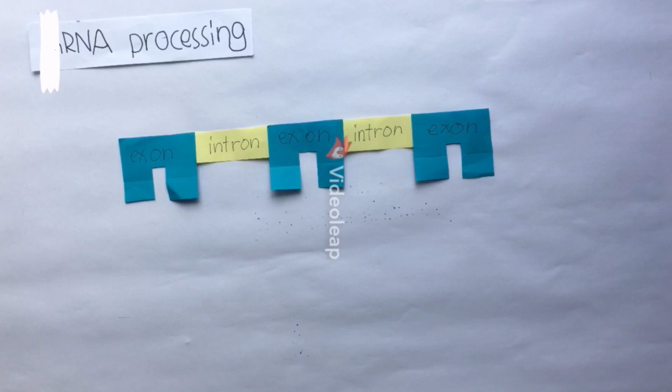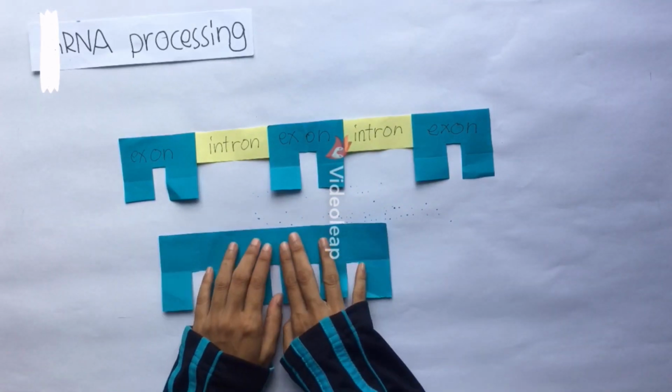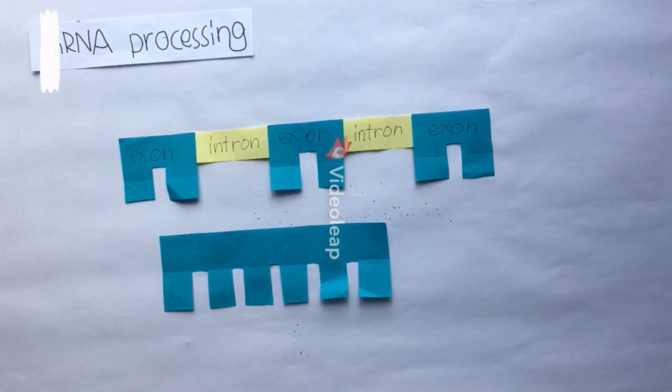This process leads to mature mRNA. After these modifications have been completed, the mRNA leaves the nucleus and enters the cytoplasm where translation occurs.